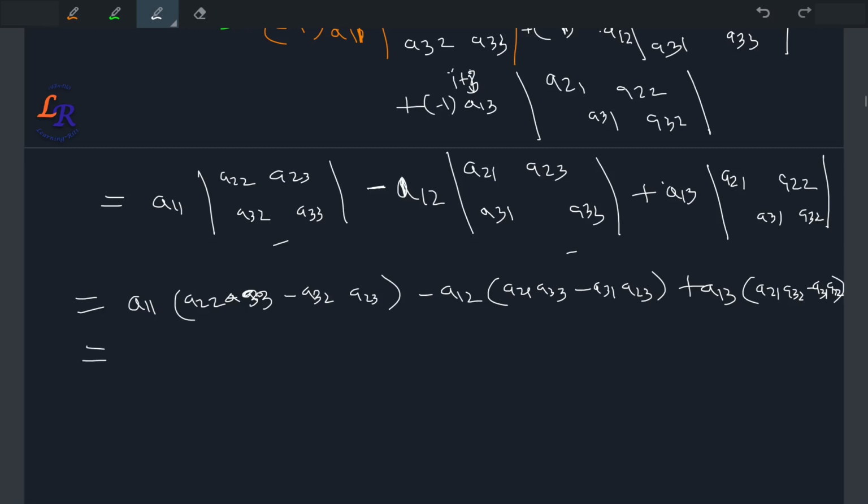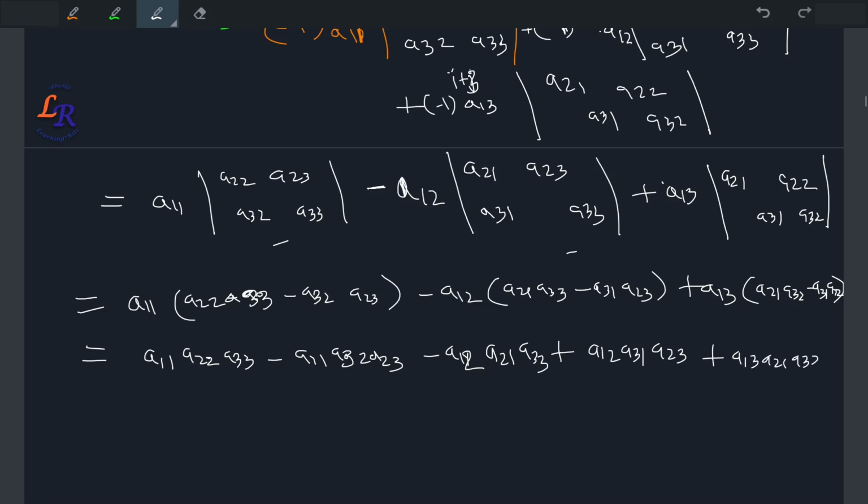Now you expand that fully, and you have A11 A22 A33 minus A11 A32 A23 minus A12 A21 A33 plus A12 A31 A23 plus A13 A21 A32 minus A13 A31 A22, right? So this is what you get for determinant A when you are expanding with respect to row 1.